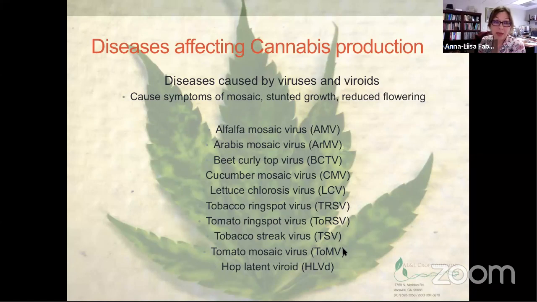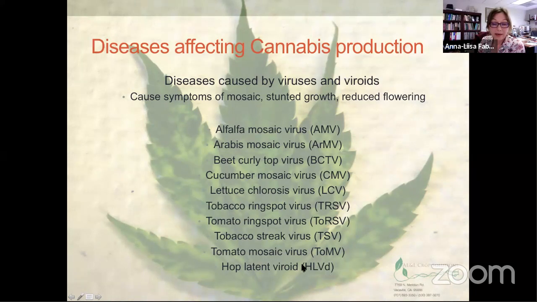So I think there may have been an issue with the test strips, that maybe it was cross-reacting with something other than tomato mosaic virus. I do not know, because now that we have the PCR assay, we have not been detecting anything from cannabis. So that may be a virus of cannabis, maybe not.